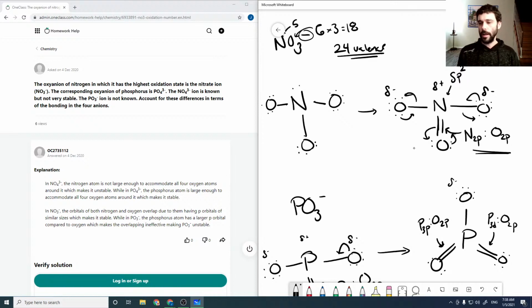So our NO3- can lead to charge delocalization, which gives us some stability as well. Our double bonds are overlaps between 2p orbitals on nitrogen and oxygen, which will give us favorable overlap.